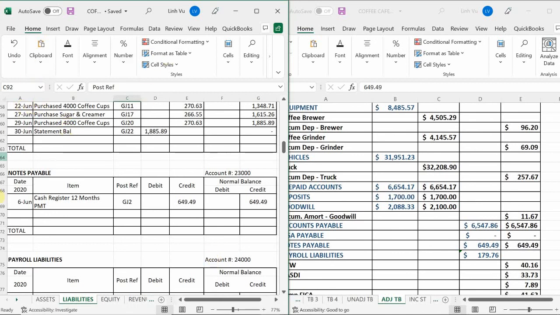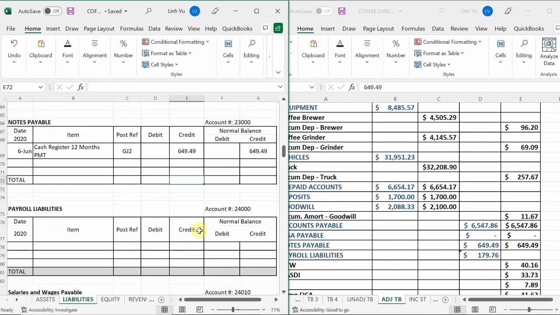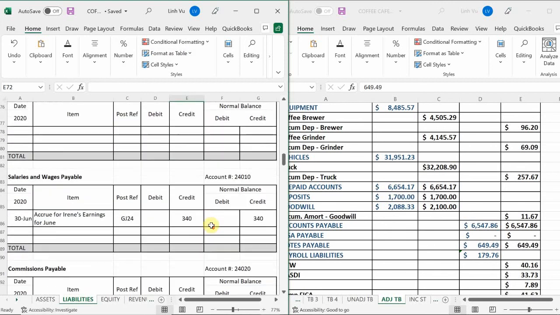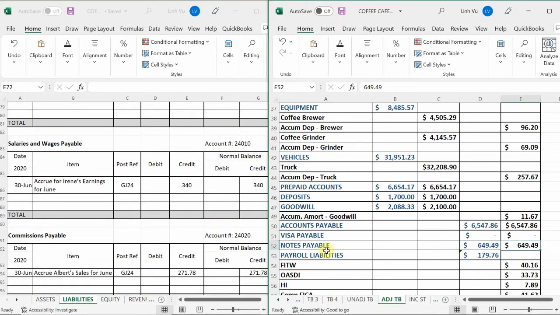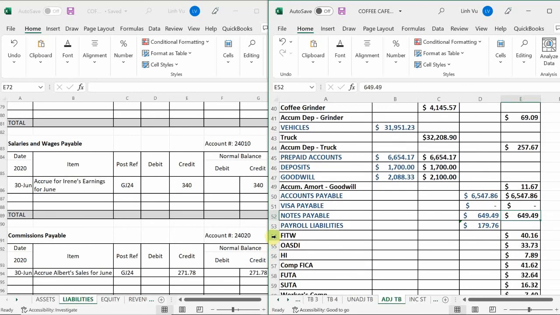And then I have my payroll liabilities. Okay. So in this case, if you remember, I have to insert 2 more things because I now have salaries, wages, expense, and payable and commissions payable. So in this case, I need to insert above the FITW, for the salaries payable and the commissions payable.